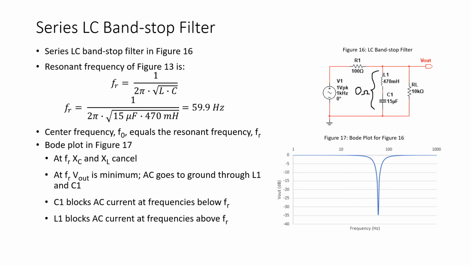Therefore, all of this voltage V1 is dropped across R1, and of course the output approaches 0. And this is why R1 has to be in the circuit, because at the resonant frequency, since the L1C1 combination is 0 ohms, we have to have a component here in series with that LC combination, or else we would short V1 to ground.